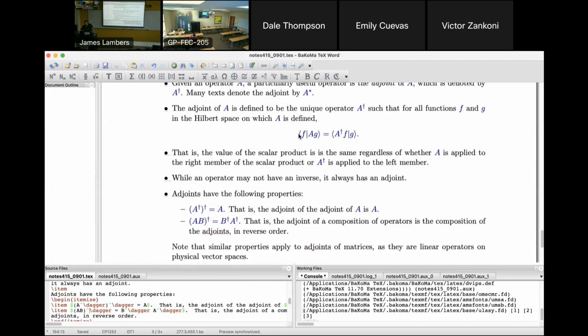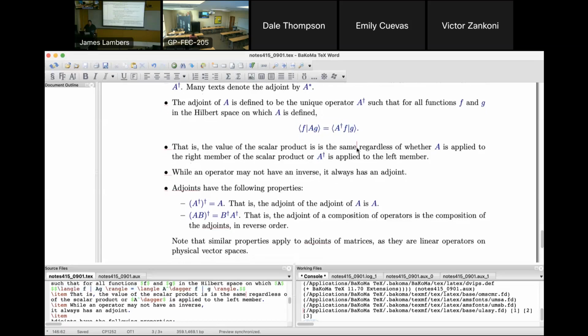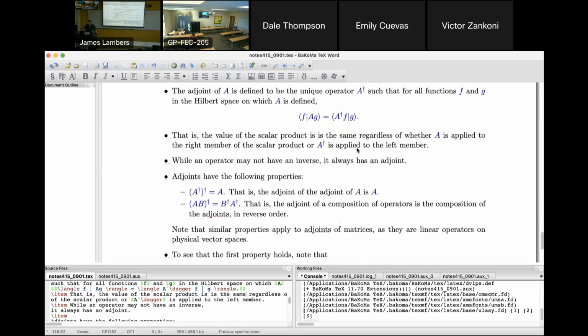So when you have this definition, instead of scalar products involving functions in Hilbert space, but rather dot products of vectors in Rn, the transpose of a matrix satisfies exactly this. So it's all the same concept. For linear operators on the Hilbert space or whatever vector space, there's always a link to some concept from an introductory linear algebra class, the ordinary vectors in Rn. And it's helpful to keep those parallels in mind because it helps you understand concepts in new settings.